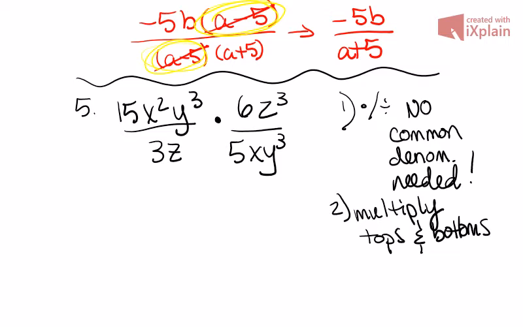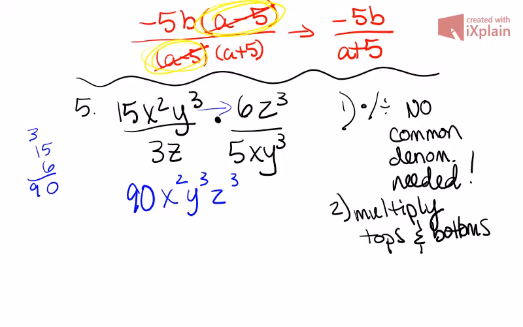So if I go and I multiply straight across, 15 times 6 is 90. I have x squared, y cubed, z cubed over 5 times 3 is 15. Then I have x, y cubed, z.